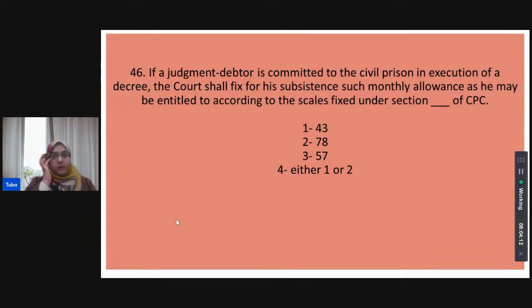If a judgment debtor is committed to the civil prison in execution of a decree, the court shall fix for his subsistence such monthly allowance as he may be entitled to, according to the scales fixed under which section of CPC? Is it section 43 of CPC, section 78 of CPC, section 57 of CPC, or either section 43 or 78 of CPC?